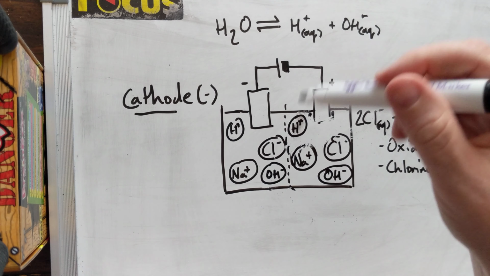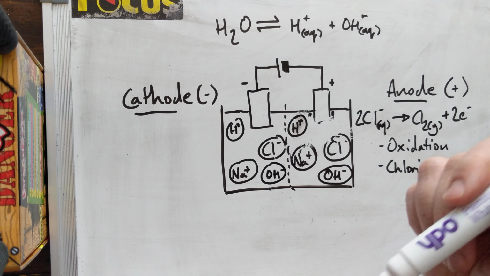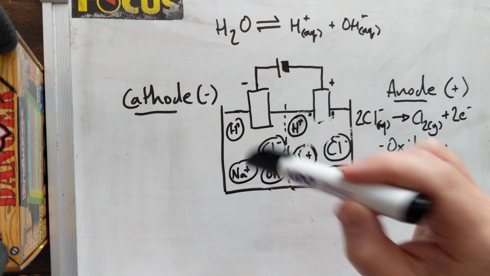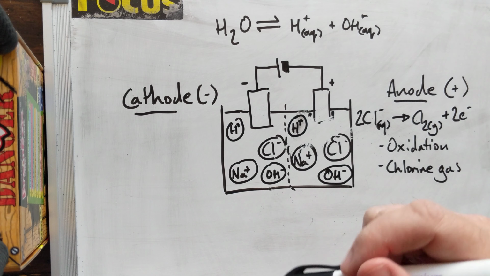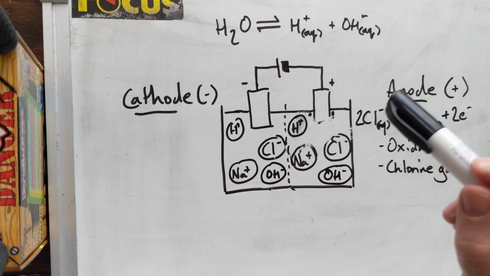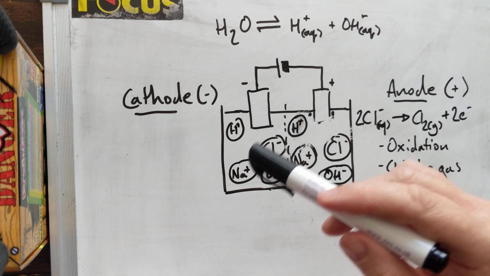Okay, so when we turn on the power supply, it's kind of like a race. So if you think about the hydrogen ions when compared to the sodium ions, they are tiny. They are literally just one proton. So they can zip through the water, they can zip through that solution really quickly, and they'll get to the cathode before those massive, slow sodium ions will. Okay, I say massive, they're not really massive, but comparatively they are.